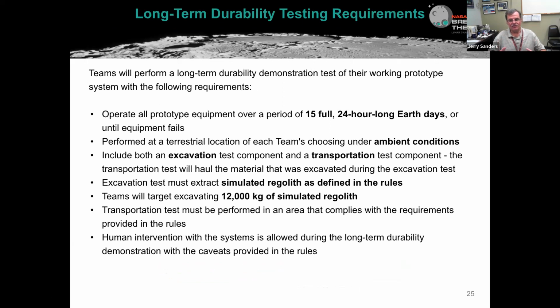To some extent, the other part of this competition aims at the fact that life and how we operate are more important than how fast you can excavate something and deliver it over a short period of time. This is the marathon of operations, not the sprint. So I really wanted to reiterate those two aspects of why the competition was aimed towards these types of things.